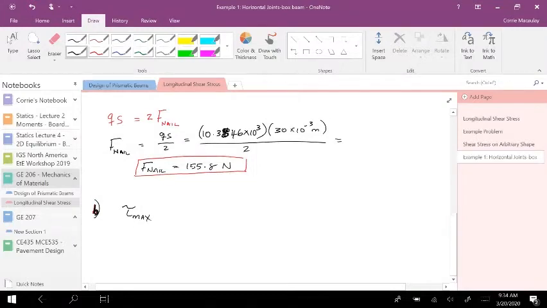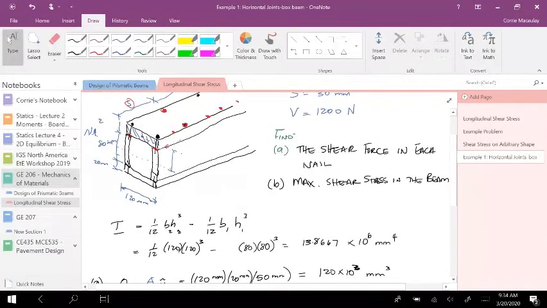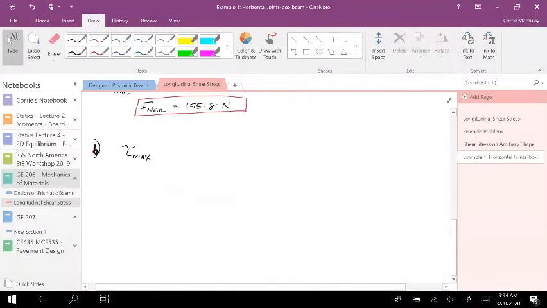Anybody want to tell me where the maximum shear stress might occur in the beam? It'll be near the neutral axis. It'll be at the neutral axis, right? We know the distribution of shear stress, and we draw it here. Distribution of shear stress is 0 at the extremes and a maximum at the neutral axis.